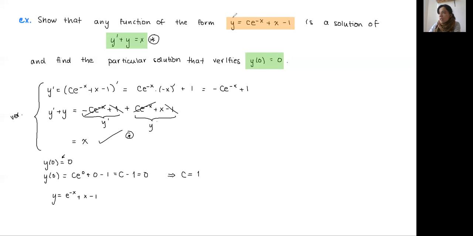And so this is the solution that I have for my equation. And this is a particular solution because it satisfies both the differential equation and the initial condition.